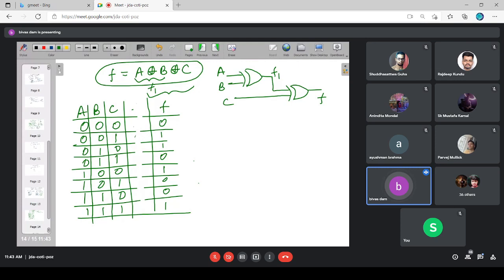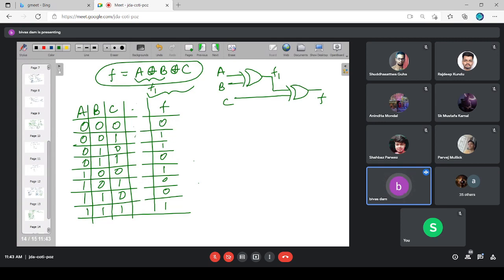And exactly the reverse will be for the XNOR function. There, for an odd number of 1s in the input combination, the output will be 0, otherwise the output will be 1.